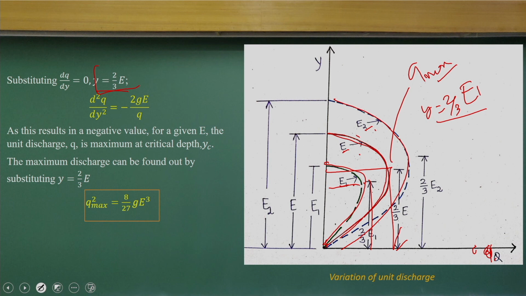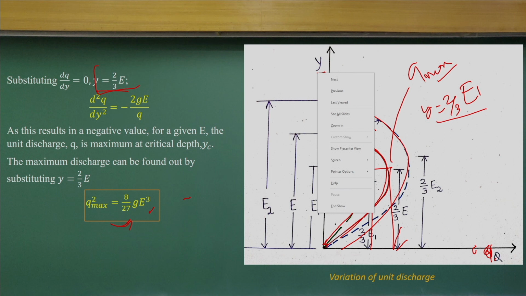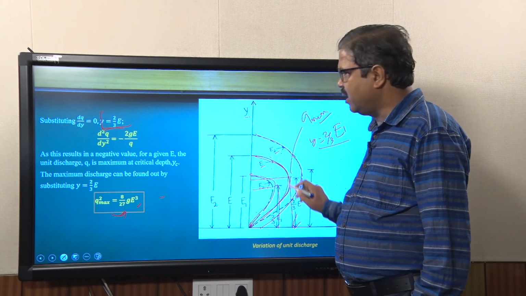With simple derivations, if you substitute the values, you will get Q max as a function of the specific energy, which is very easy to do. So we can draw this curve and remember how Y and Q, the unit discharge, vary for a constant E. That is the relationship we have got here.